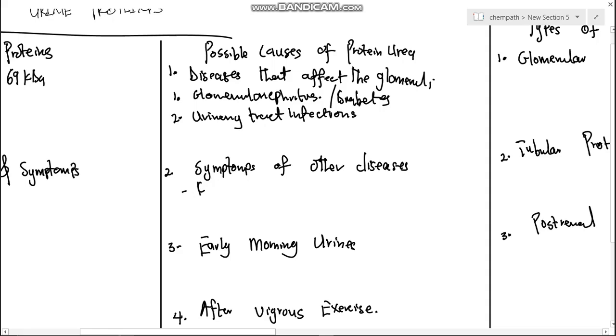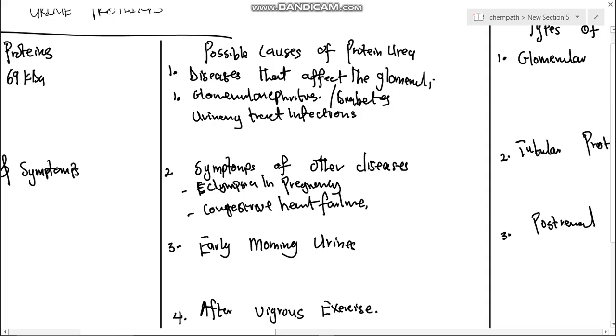Then we have congestive heart failure. So with glomerulonephritis, when there is an inflammation in the glomerulus, it can cause protein to leak into the urine.